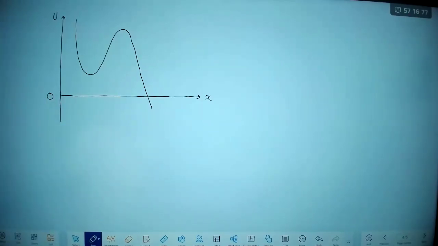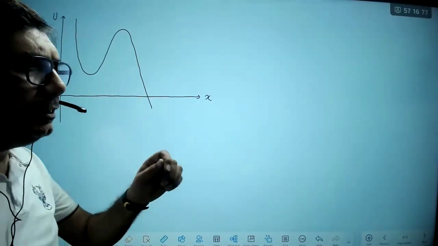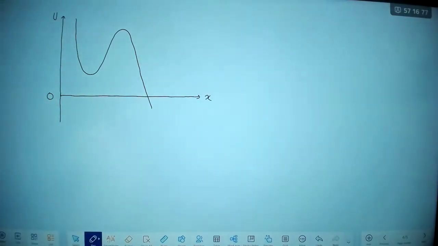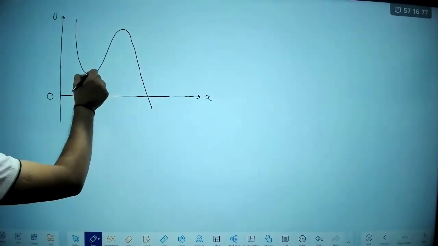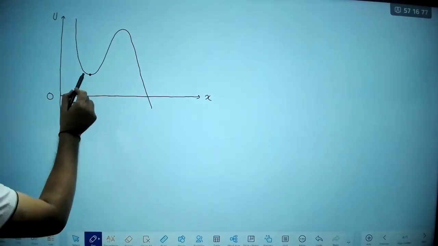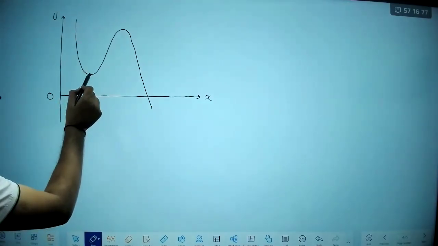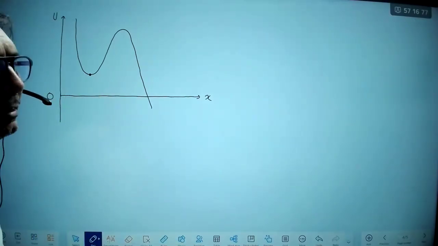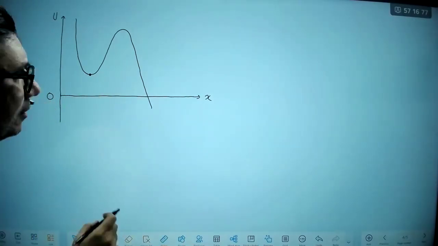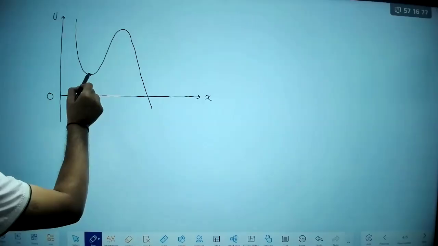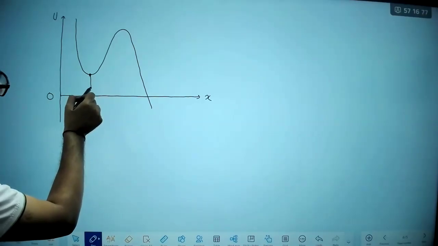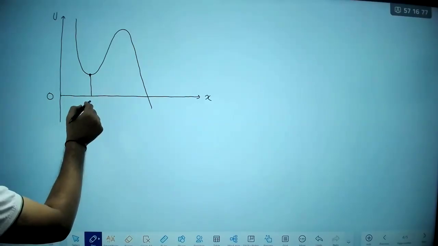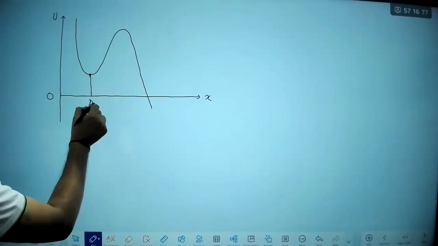Can you tell me at which points this dU by dx will be 0? At 2 points. In this graph, if you draw the tangent here, then the slope of the tangent will be 0. What is this dU by dx? This is representing the slope. At this point, the slope will be 0. So one of the equilibrium points will be here. I call it R naught.